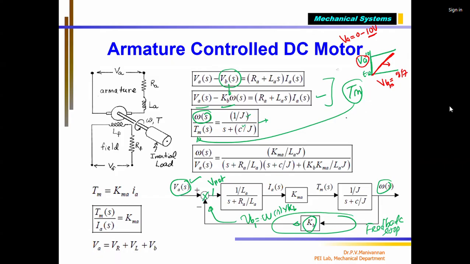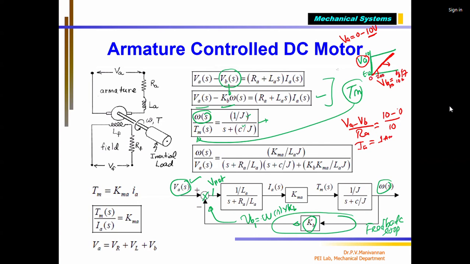We know that VA minus VB divided by R is IA. VA initially is 10 volts. When the motor was just started, KB was 0, so 10 divided by 10 ohms equals 1 amp. This is my IA. Now the motor speed is picking up, from 0 to say 1000.